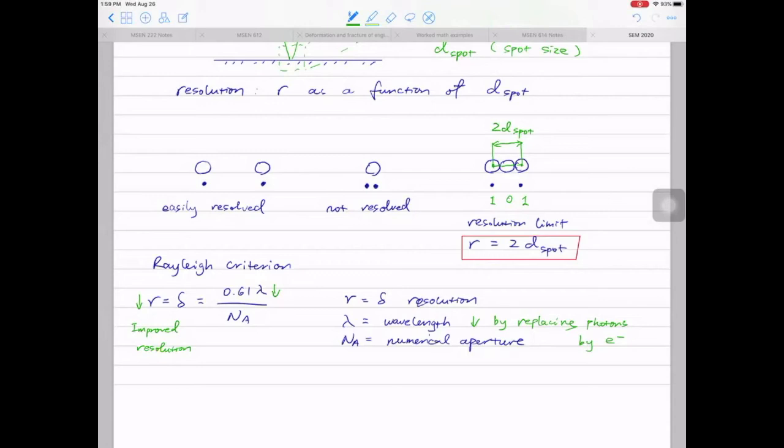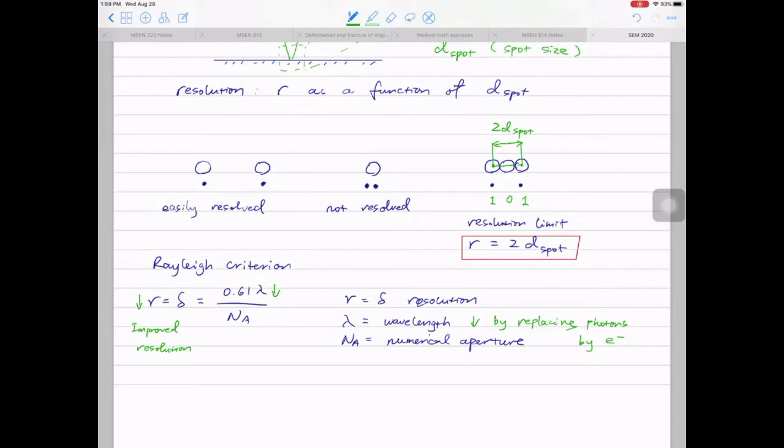To increase the refractive index, you can put a droplet of oil, and this is called an immersion lens. By doing that, you increase NA, reduce the value of R, and improve the resolution.